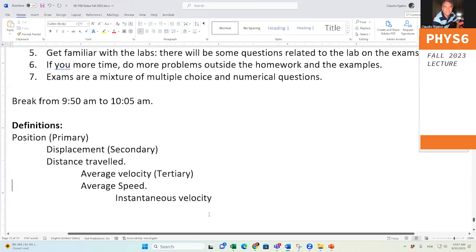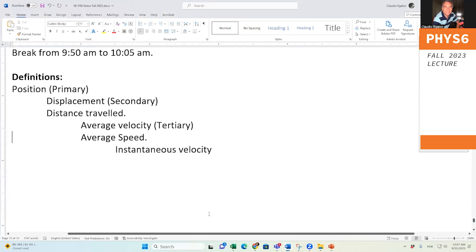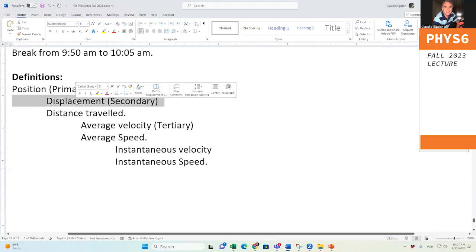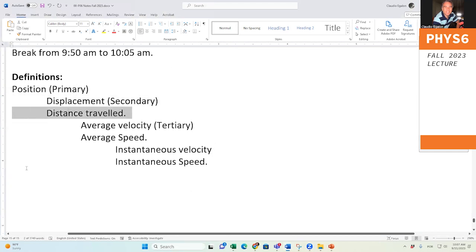And instantaneous speed. Instantaneous speed. There is a very important difference between, let's start with distance traveled first.